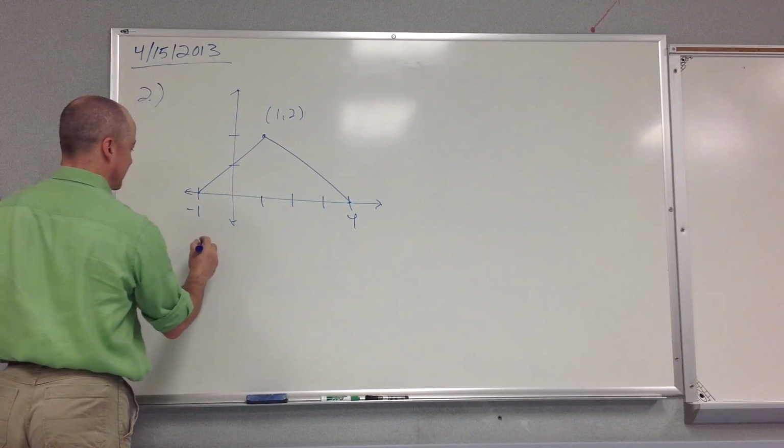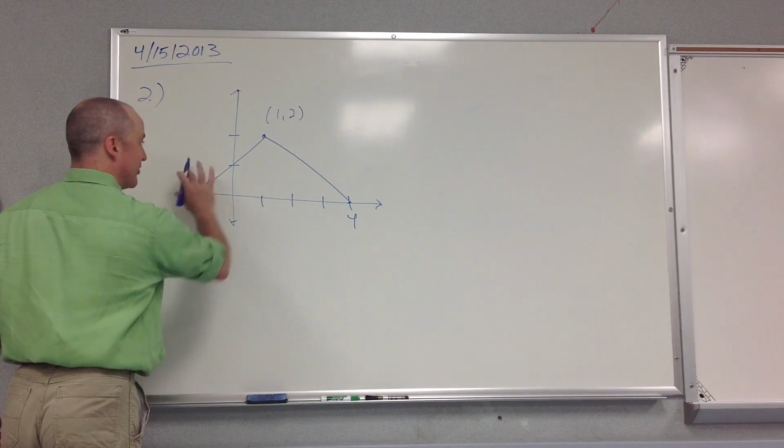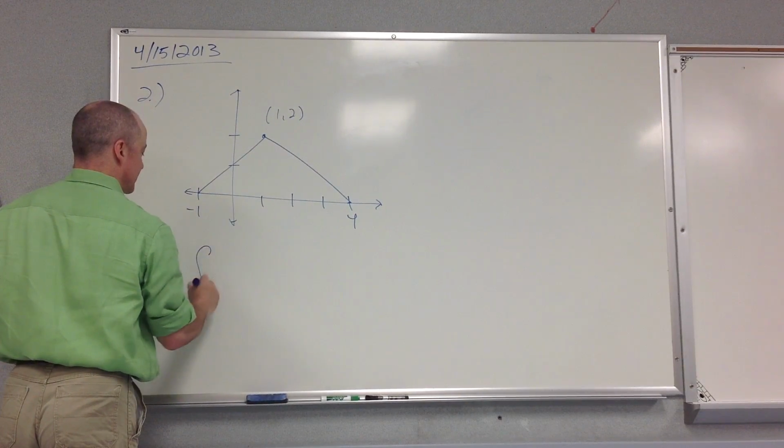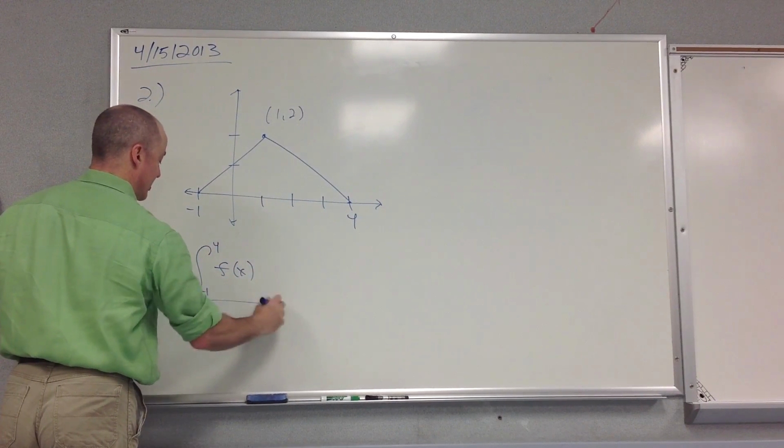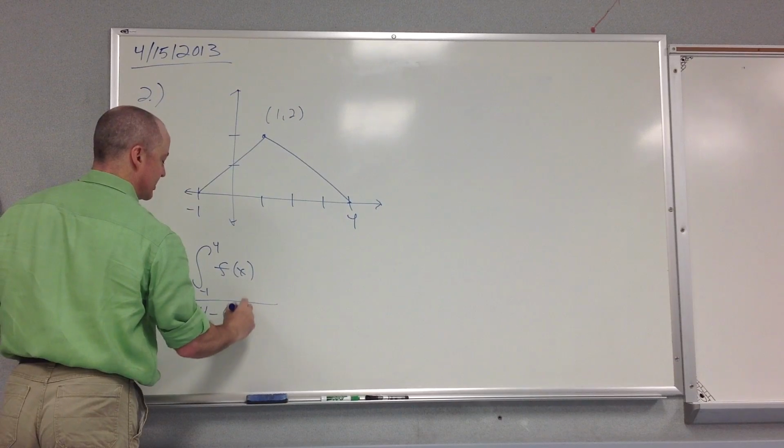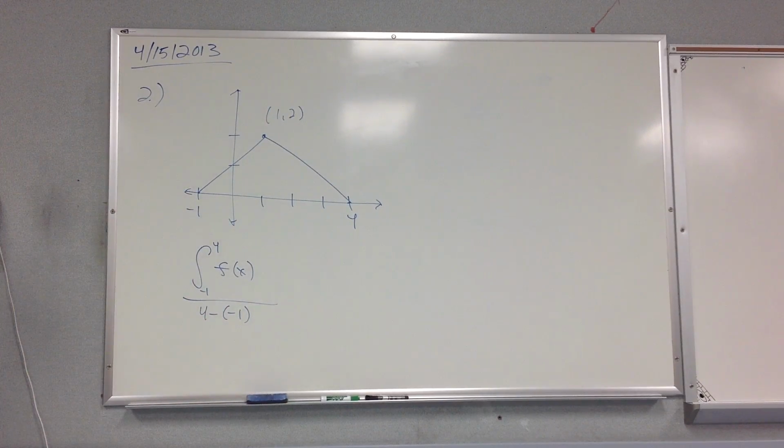All right, well, just to check, you know that the average value of f of x is the integral from -1 to 4 of f of x over 4 minus -1, right? We did 1 over b minus a times the integral.